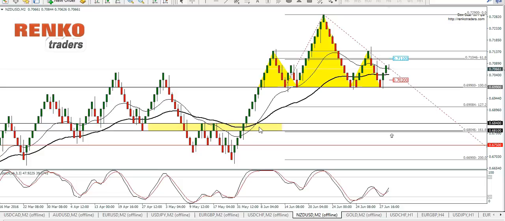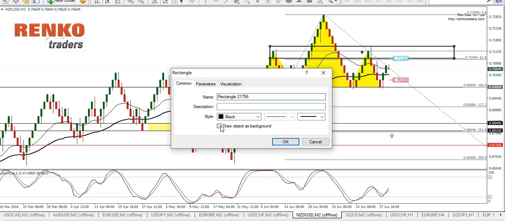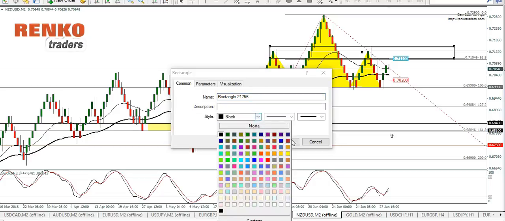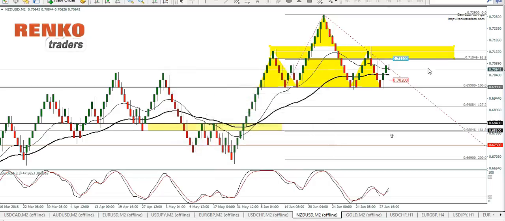So keep an eye out on the Kiwi dollar, where there is a strong potential for a move to the downside. But at the same time, you can expect to see a bit of a move maybe towards 7137. You could expect a move towards 714 and 711.